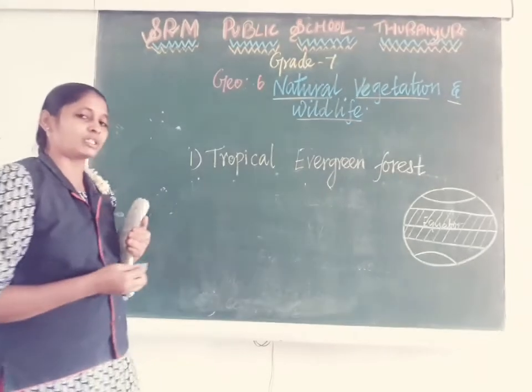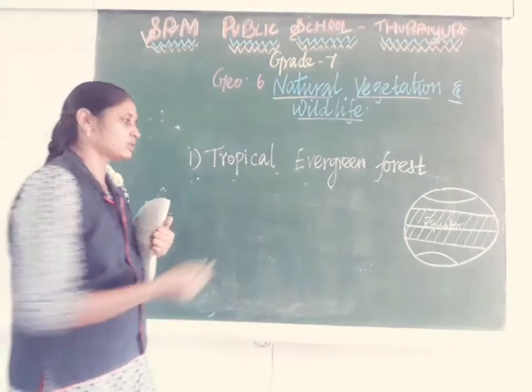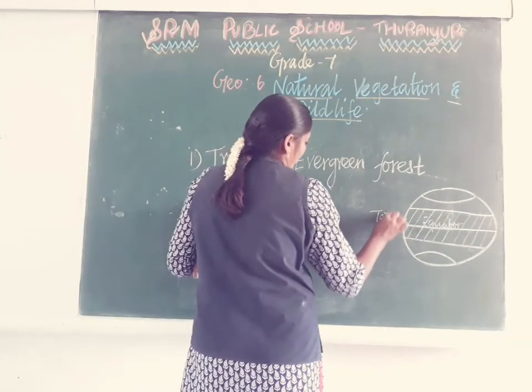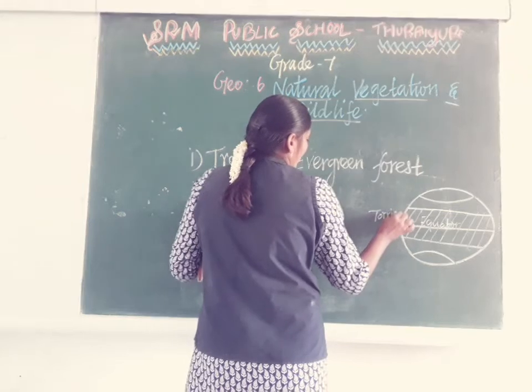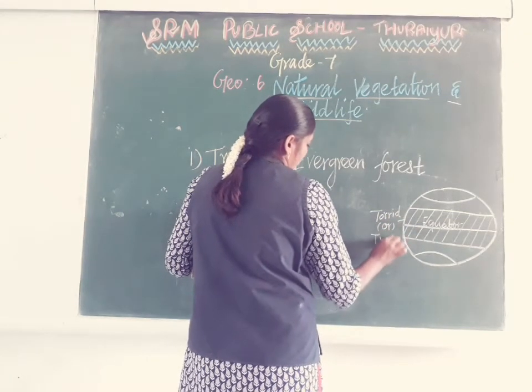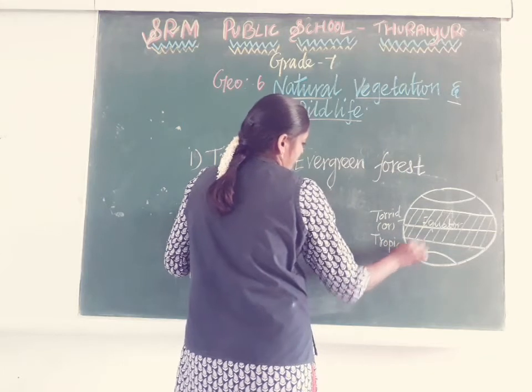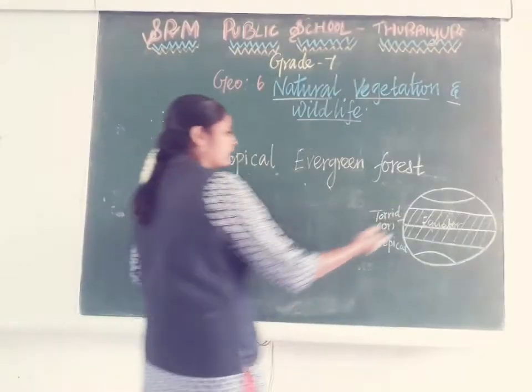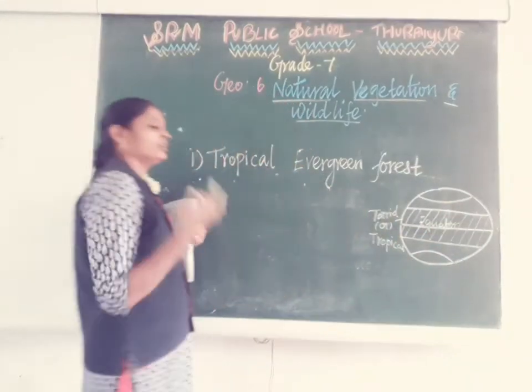That's why it is called the torrid zone, the tropic zone or tropical region. So which forest is present in this region? The forest present in this region is called tropical forest.